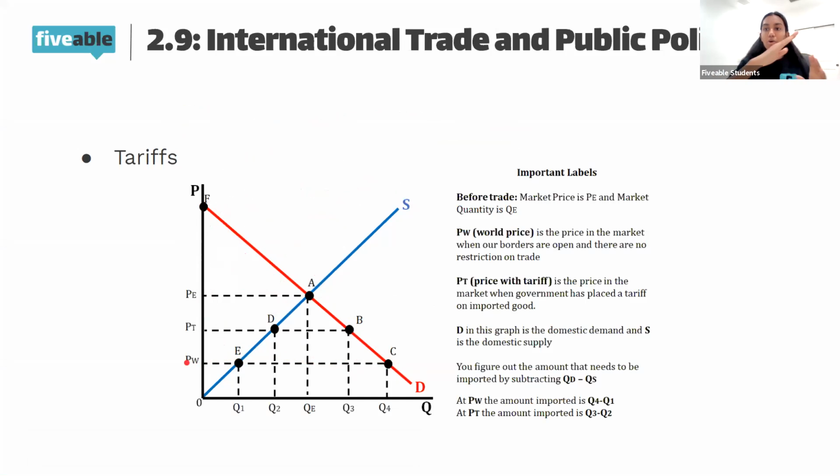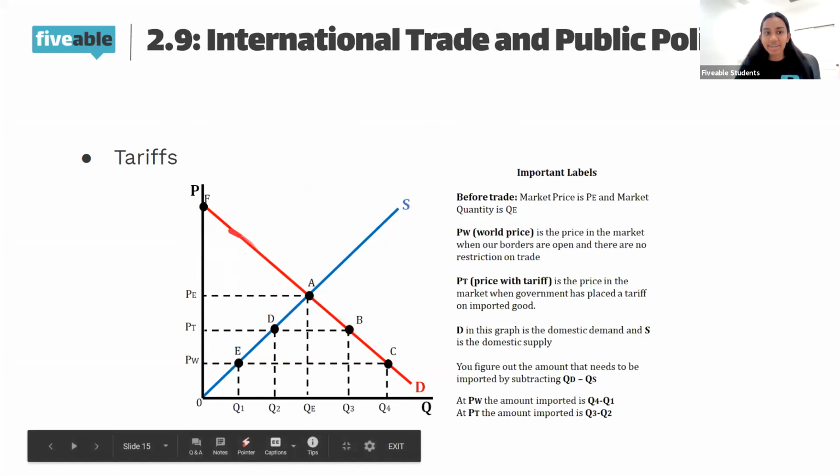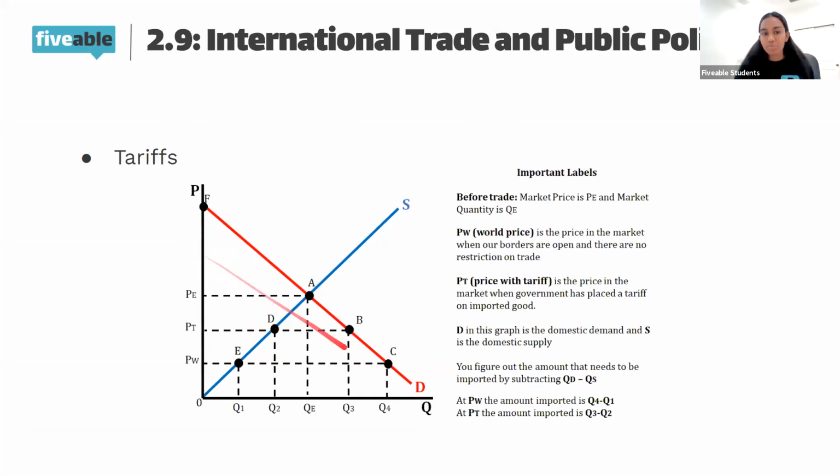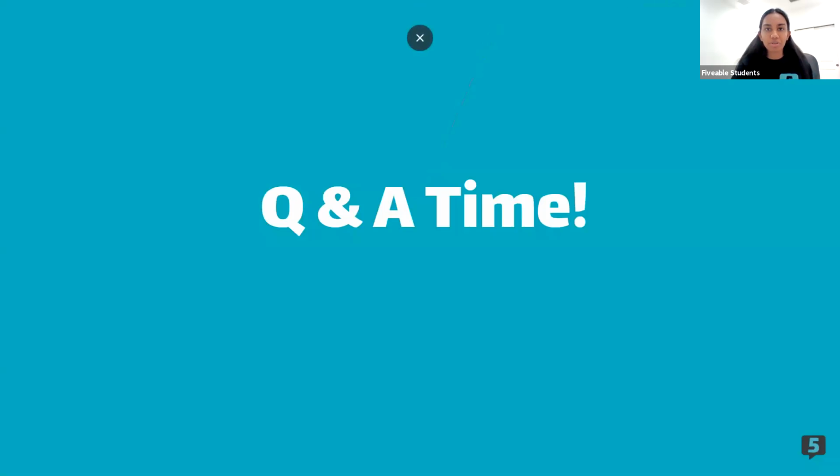It would go past the supply curve. So it's this huge triangle right here. And then for the price with the tariff, it would be FBPT. That would be the triangle. So again, feel free to ask questions. I just needed to mention that.